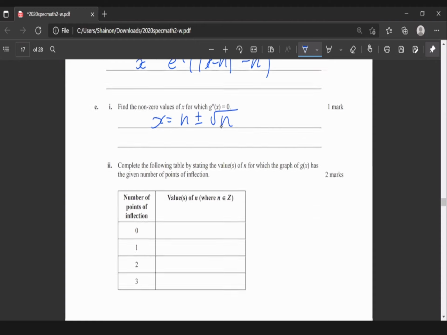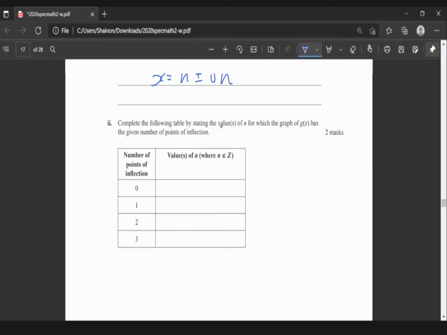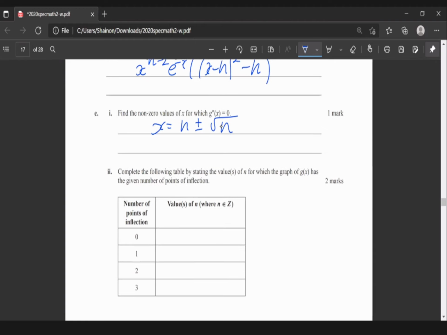And next part. The number of points of inflection depends on the values of n. If you want 0 points of inflection, n is just going to be 0. And if you want 1 point of inflection, n is just going to be 1.